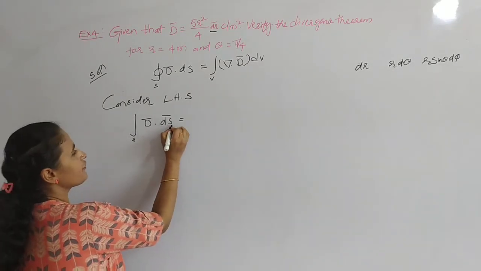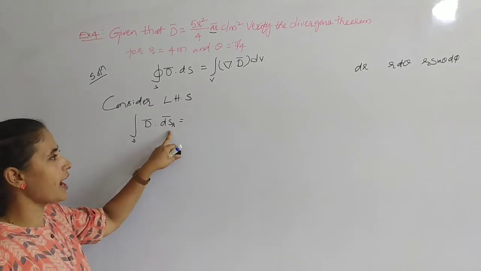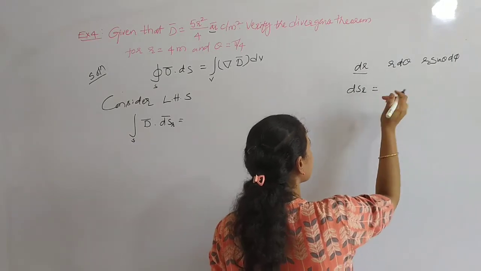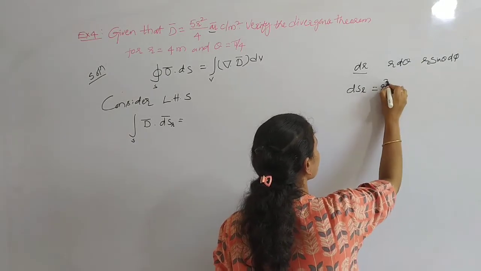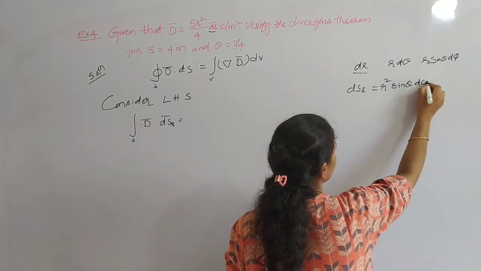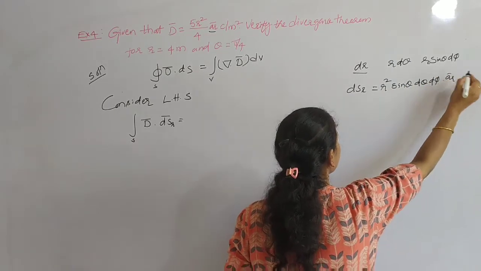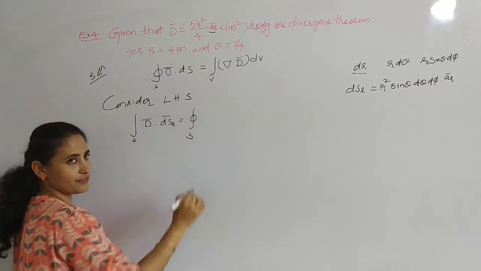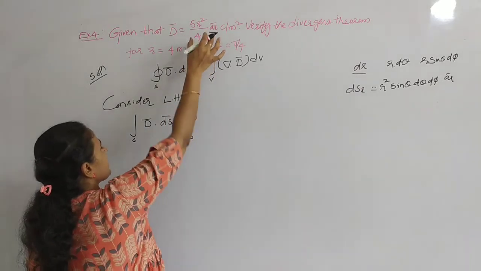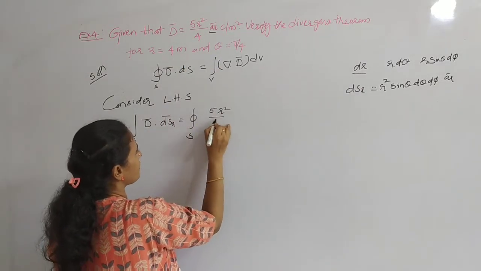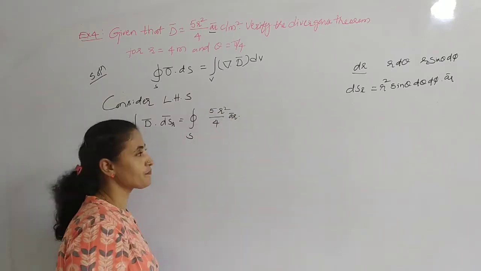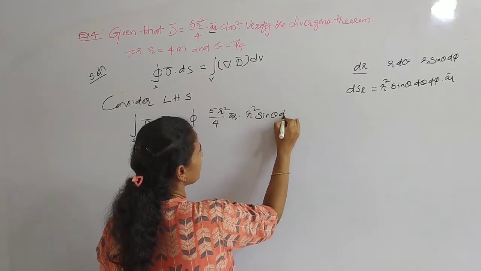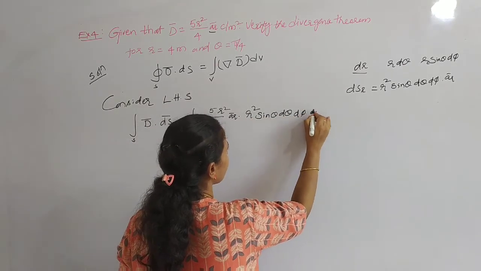Normal to r means the differential surface is given by the remaining two elements, r into r sin theta, which is r square sin theta d theta d phi into ar. Now the surface integral over the closed surface, D bar is 5 r square by 4 into ar, and ds bar is r square sin theta d theta d phi ar.